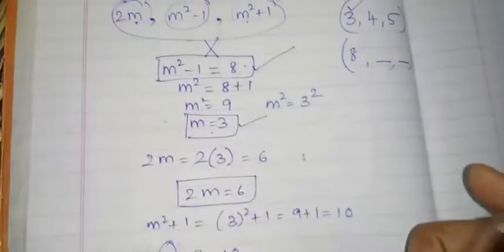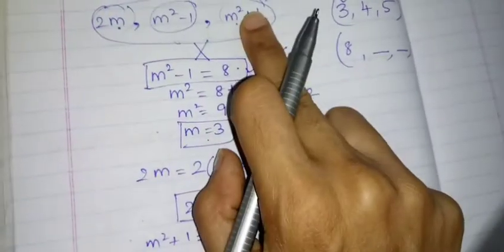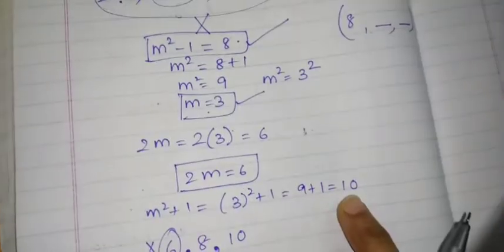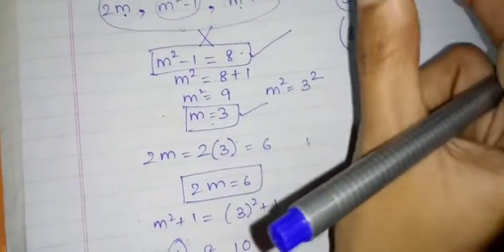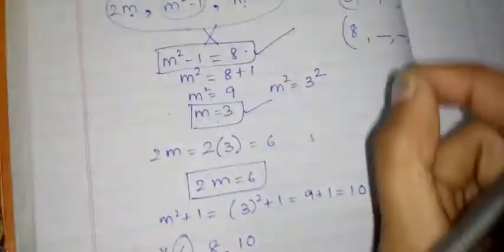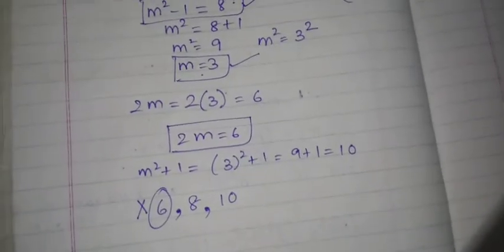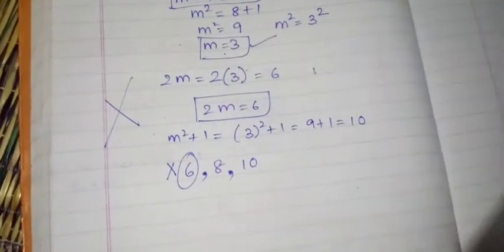I have found the remaining two: 2m is 6, m square plus 1 is 10. But this value should be the least value, and it is wrong. 2m is the least value. So our assumption here is wrong. That is what they have done in your example problem.